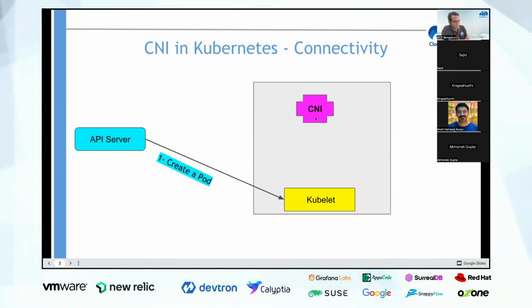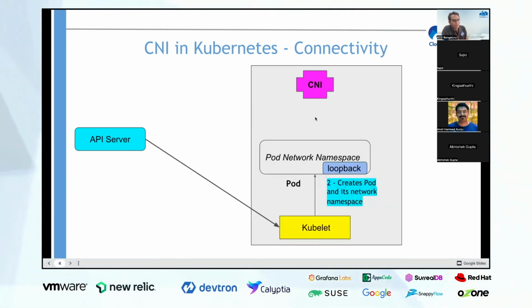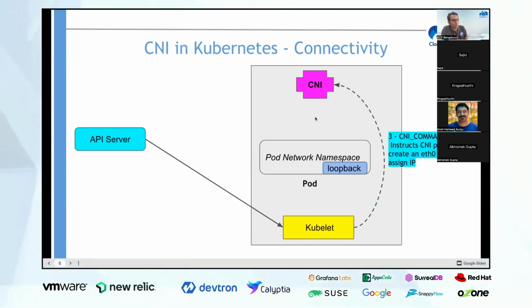Correct. So for example, here, when I say API server create a pod, that request goes to a kubelet. Now this kubelet only creates the loopback interface. It does not give you an IP address for the pod and so on. It just makes that namespace available to you. And then what happens next is the request goes to the CNI plugin, whichever you have installed, with the add functionality.